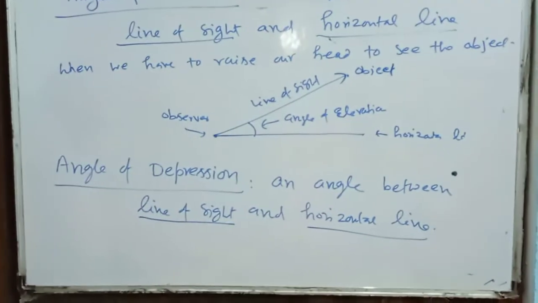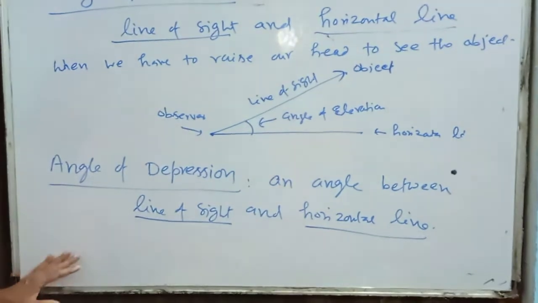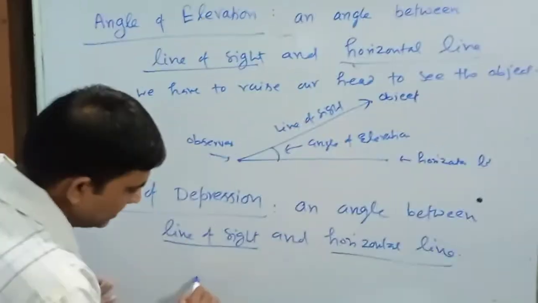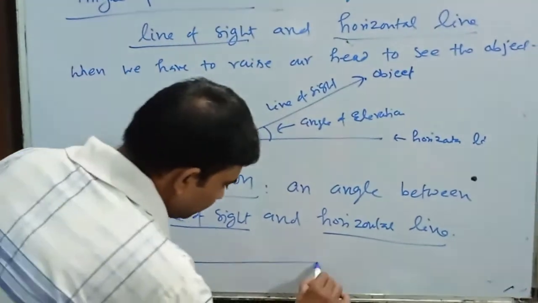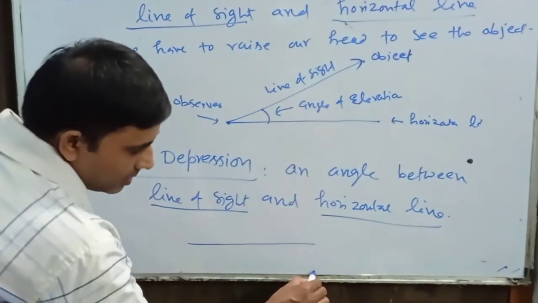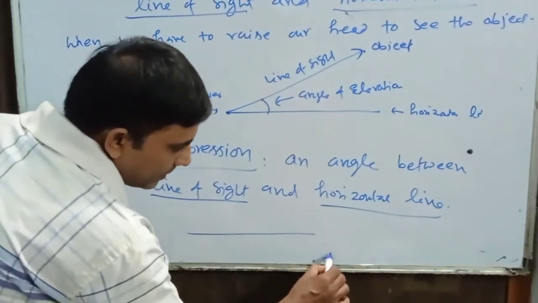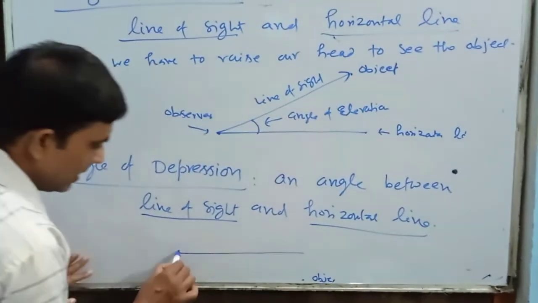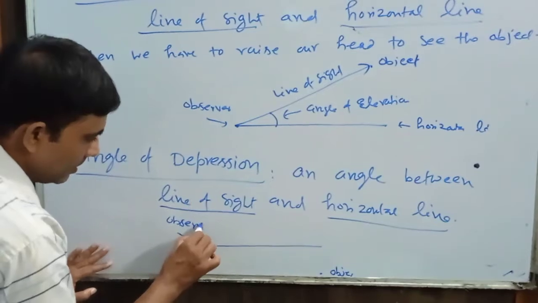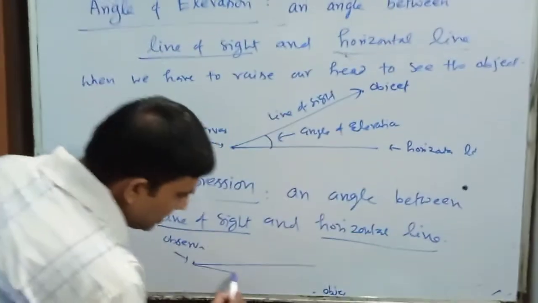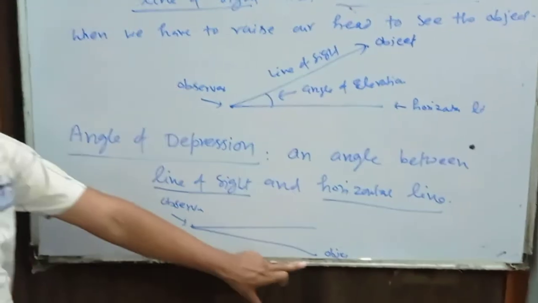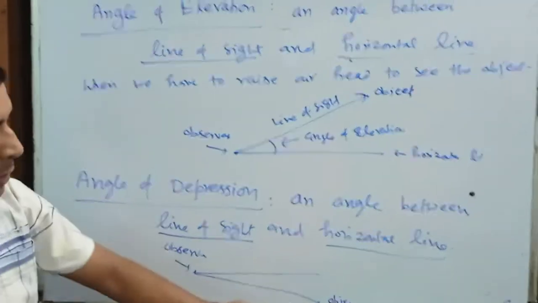Now angle of depression, it is the case when we have to lower our head to see the object. Means, see here I am drawing, and suppose the object is here and observer is here. To see the object, you have to lower your head, because object is below horizontal line.